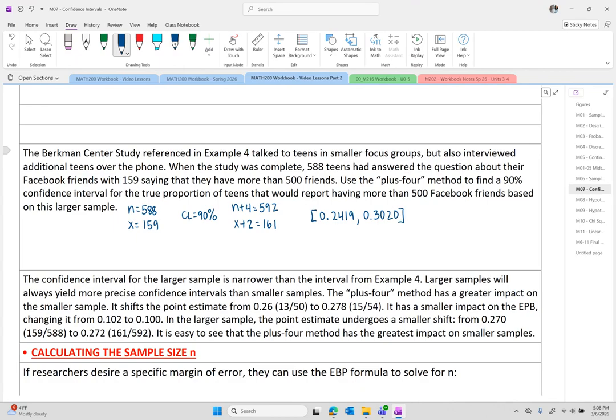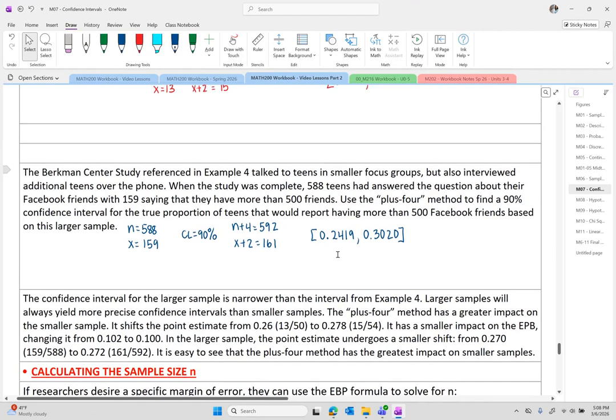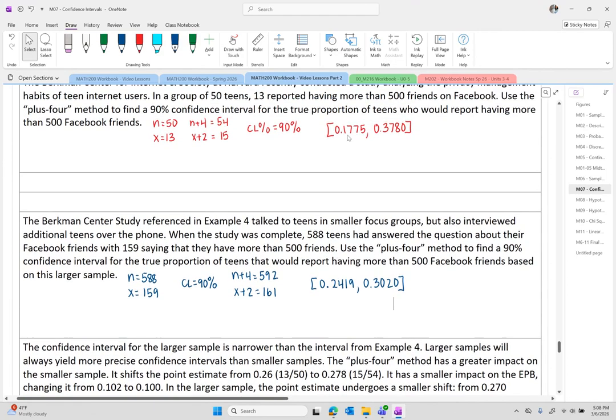And here we are 90% confident that the true population proportion of teenagers that have more than 500 Facebook friends is between 24% and 30%. Before, it was between 17.75 and 37.8.